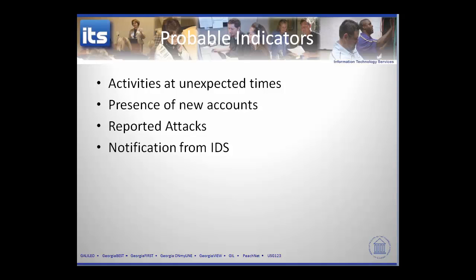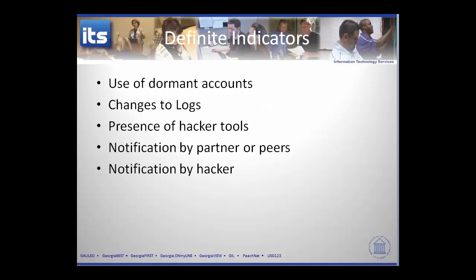All right, let's now look at some definite indicators that you have an attack. If you have dormant user accounts, accounts that nobody should be using, and they become active, that is a definite indicator of an attack. Changes to any of the logs is a definite indicator of an attack. Typically, hackers are going to go in and try to change those logs to erase that they were there.